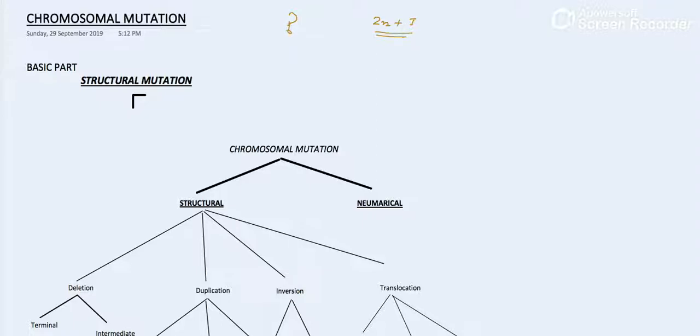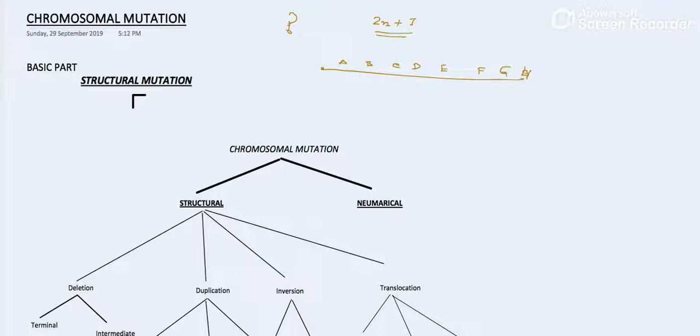Structural mutation is the mutation that causes changes in the structure of the chromosome. For example, if there is a chromosome and A, B, C, D are the genes, the number may increase or decrease.